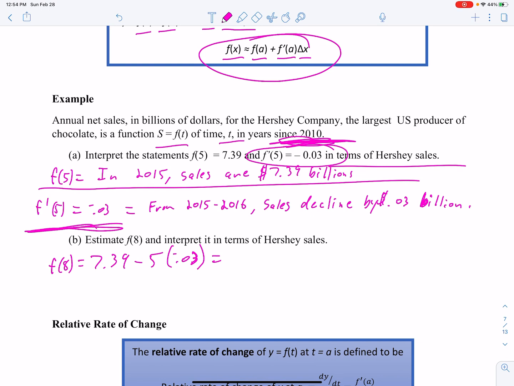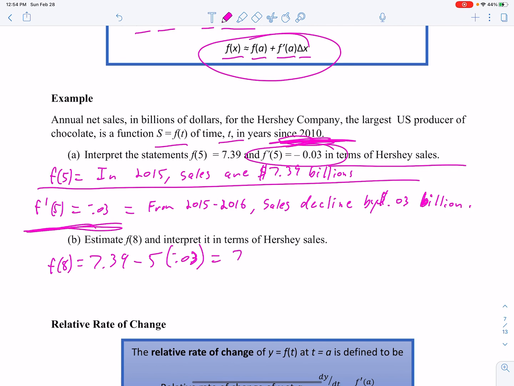Let me recalculate that. Give me 1 second here. 7.39, all right, so this should be 7.54 billion in sales.